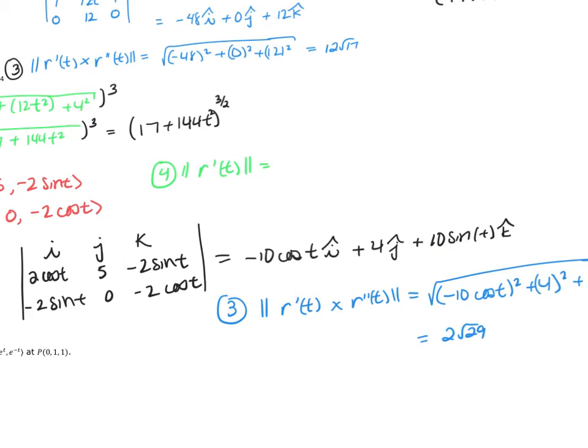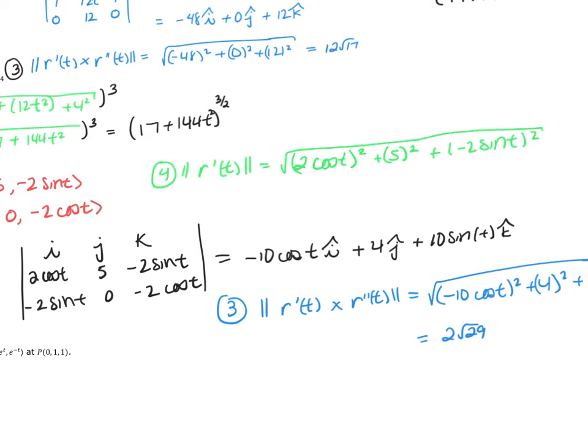Anyways, back to this. This is going to be the square root of. Now I found my derivative, and so this is going to be 2 cosine of t, the quantity squared, plus 5 squared, plus negative 2 sine of t squared.